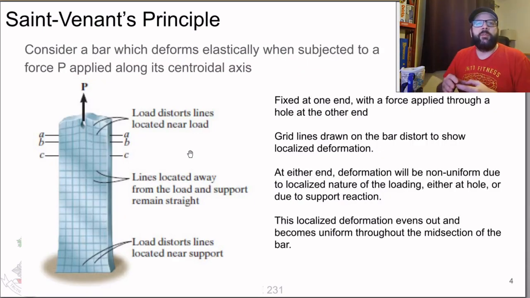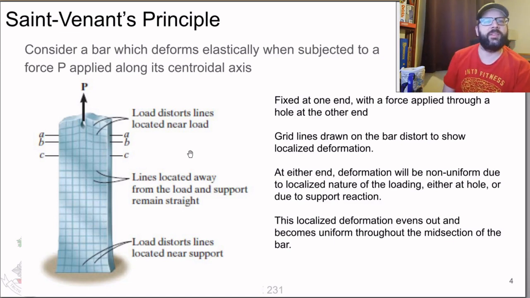For example, if we have this bar, fixed at the bottom, and then we've got a load applied through a hole at one end. If we've drawn grid lines on the bar and then apply this load, how the grid lines distort will show us this localized deformation.